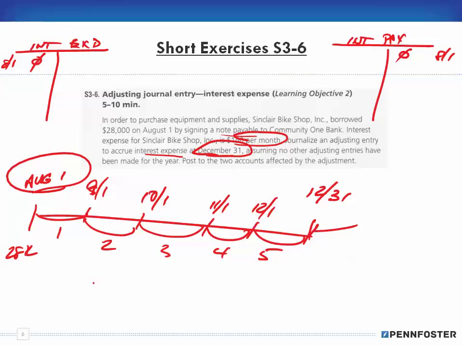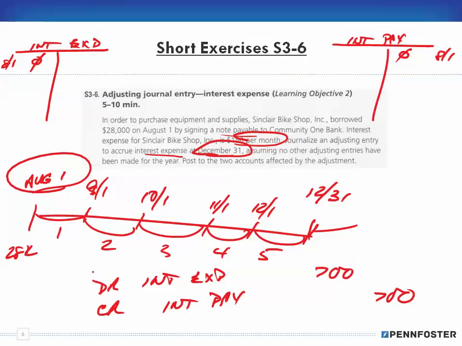Is this entry going to affect cash? No. Is it going to affect accounts receivable or payable? No. But use an account that we understand the most. Interest expense: I know that I'm accruing an interest expense, and the normal balance of an interest expense account is a debit. So I'm increasing my interest expense on the debit side, so I have interest expense for $700, and then I just have to credit something else, and that happens to be interest payable for $700.